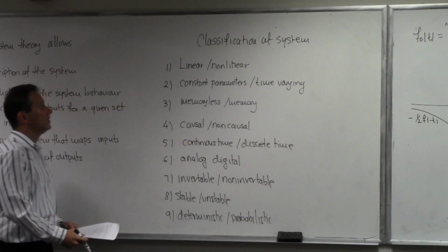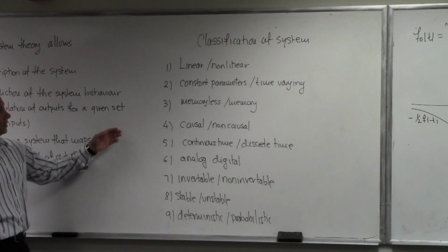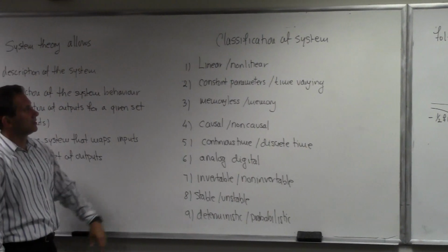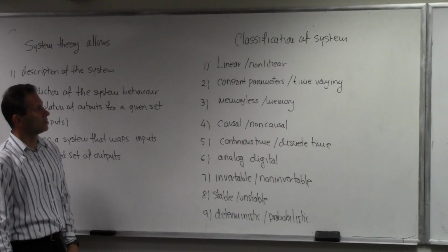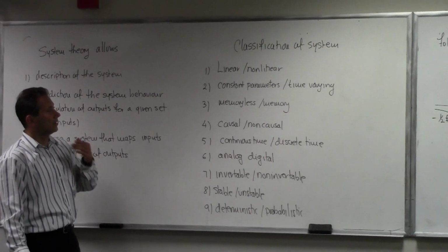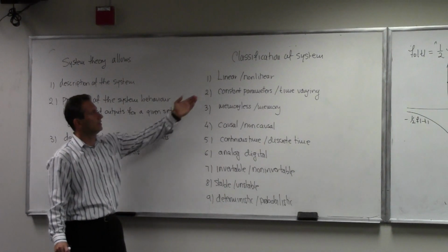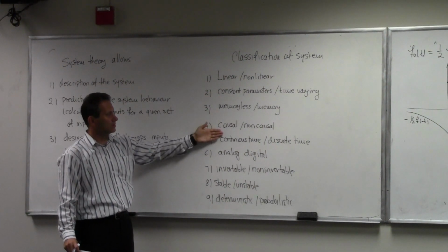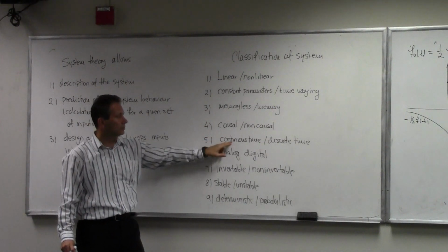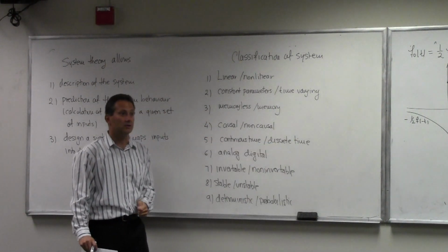Okay, all of these are different categories. I want to have them in one place, then we go and talk a little bit more about each individual one. Some of them we're covering, like linear, constant parameters, memoryless, causal, and both continuous and discrete, we're going to cover in this course.